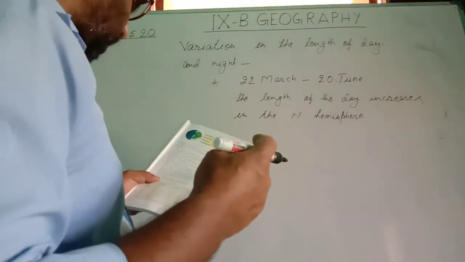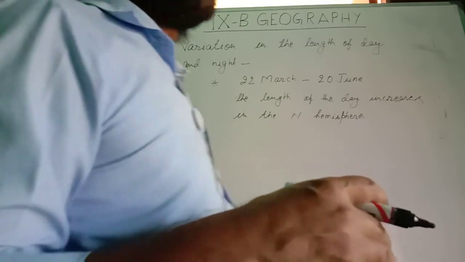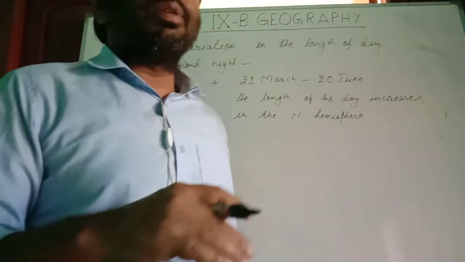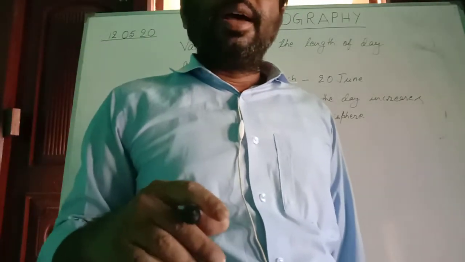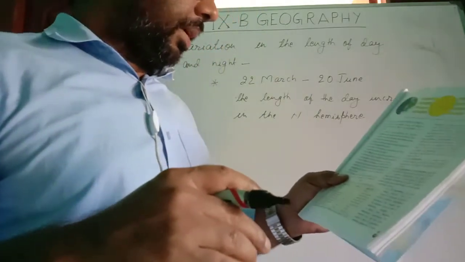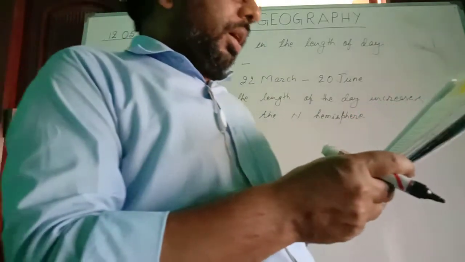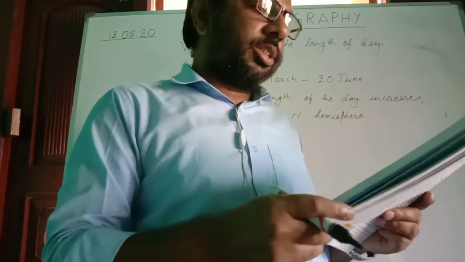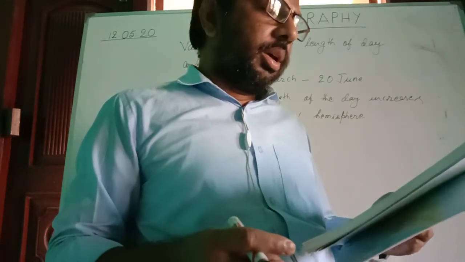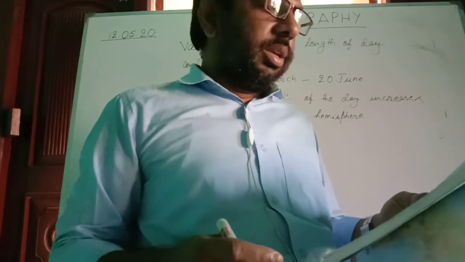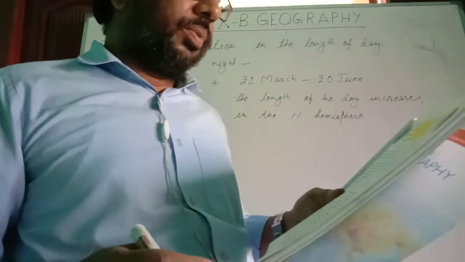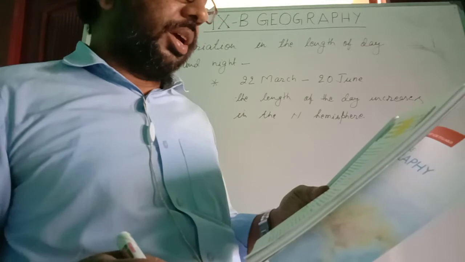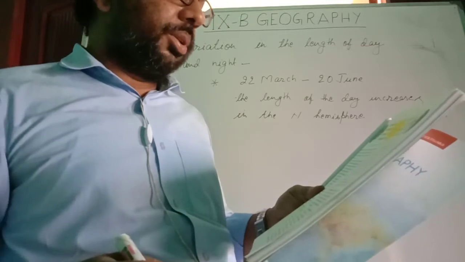On 21st June, the sun shines vertically above the Tropic of Cancer. Then all the places in the northern hemisphere experience the longer day. The Arctic Circle at 66.5 degrees north experiences daylight for 24 hours.